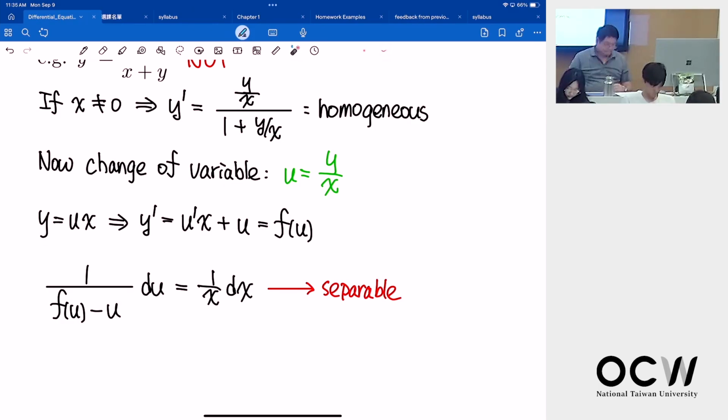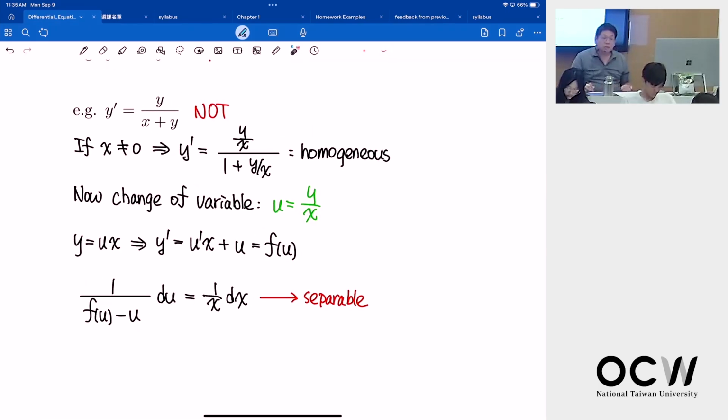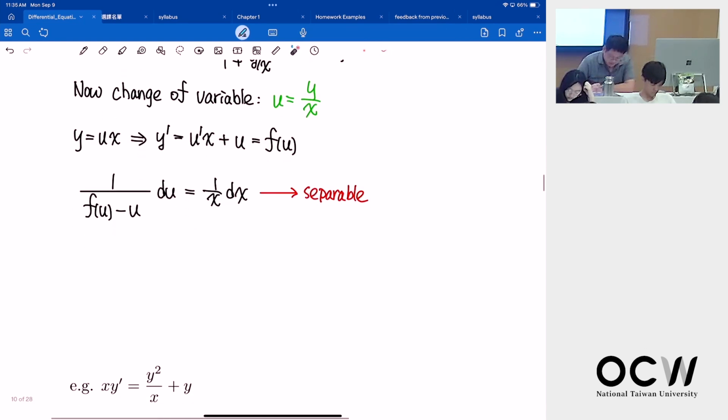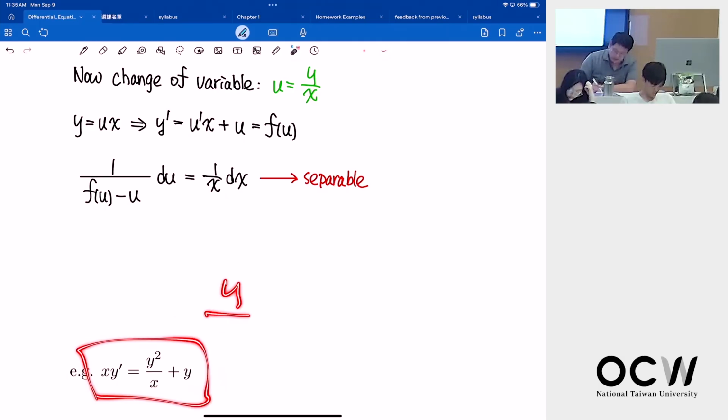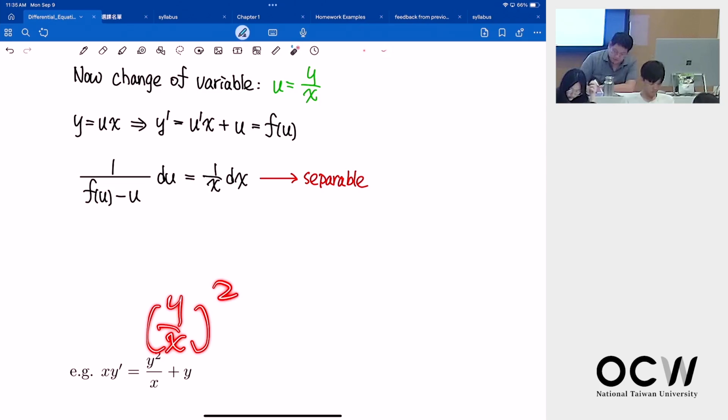Okay. Let's see an example so you know how to use the change of variable. First, this equation, is that homogeneous? Like we have a form of y over x. Looks like no, but if x is not 0, let's just divide by x from both sides. Then we have y over x squared, and here y over x.